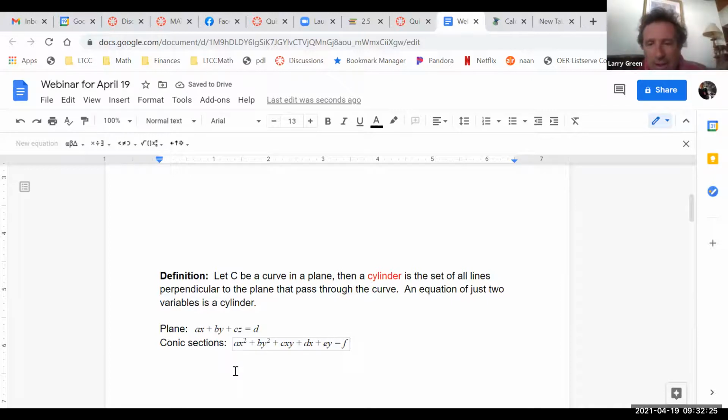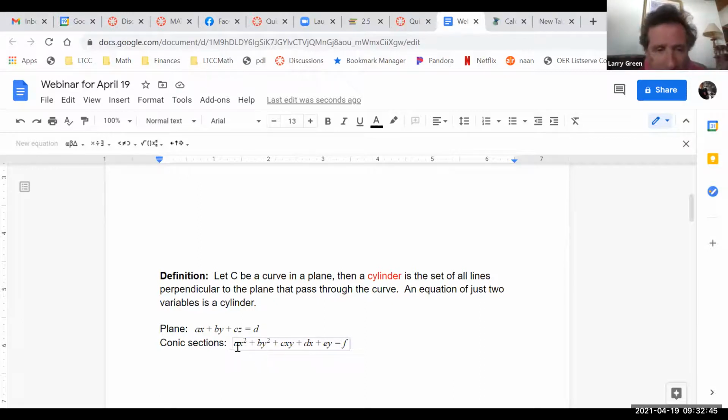Does that ring a bell? Any equation that looks like this in 2 dimensions is called a conic section. And it'll always either be a hyperbola or an ellipse or a circle or a parabola.